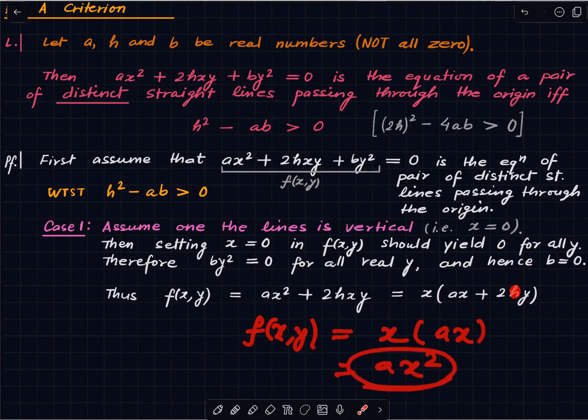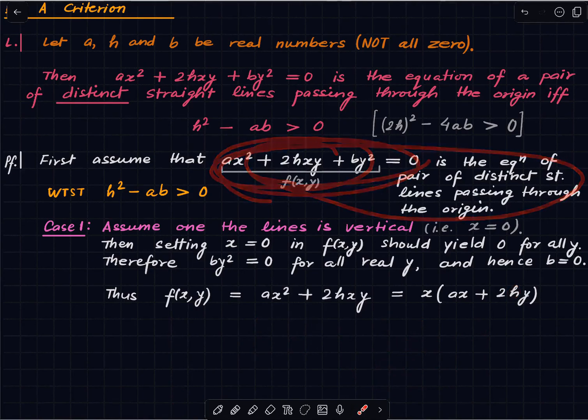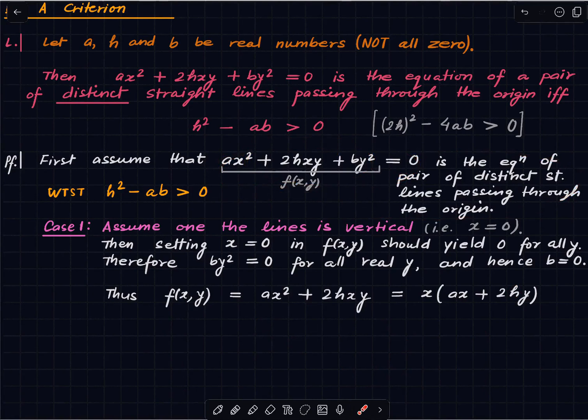And hence, the 0 set of f(x,y) would be precisely the vertical line, and hence the 0 set of f(x,y) wouldn't be a pair of two distinct straight lines passing through the origin. It would only be one straight line passing through the origin. So therefore we conclude that h cannot be 0, because if h were 0, we wouldn't get two distinct straight lines passing through the origin, contrary to the hypothesis that this is the equation of a pair of two distinct straight lines passing through the origin. So h is non-zero. I have argued it, so I'll just note that h is not 0.